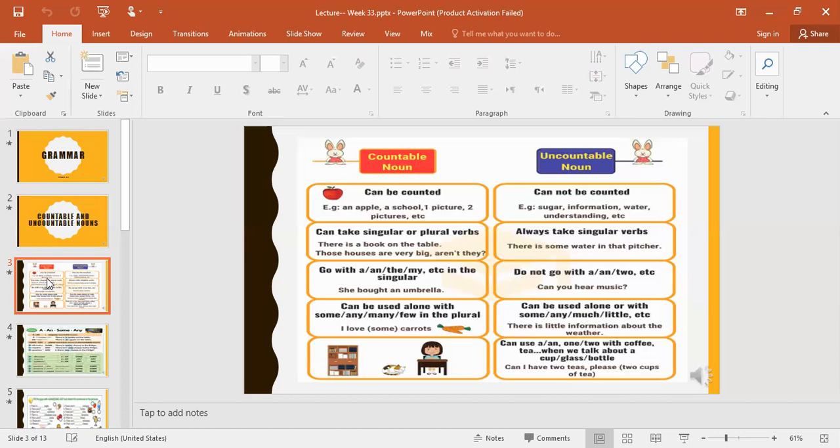Countable nouns can be used along with some, any, many, few in the plural. Uncountable nouns can be used alone or with some, any, much, little, etc. Very good. Uncountable nouns can use a and one, two with coffee, tea when we talk about cup, glass, bottle.